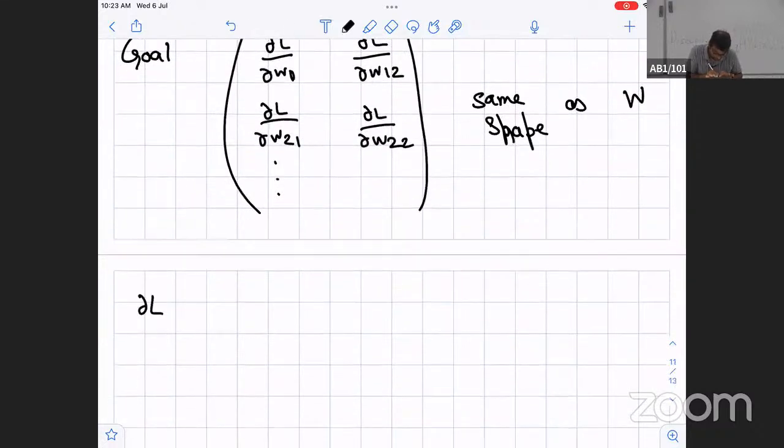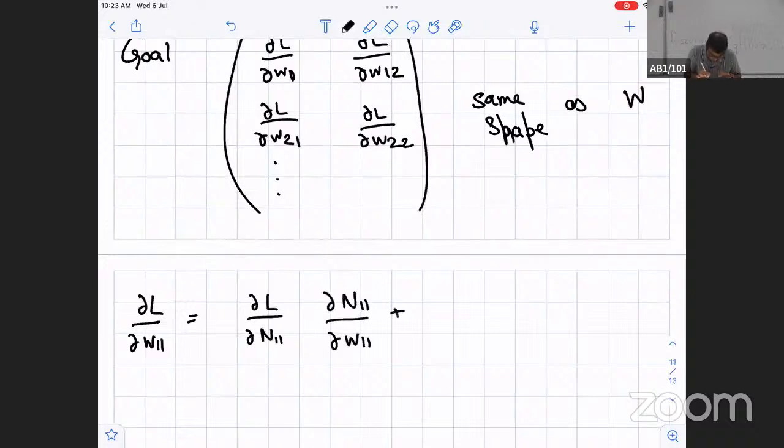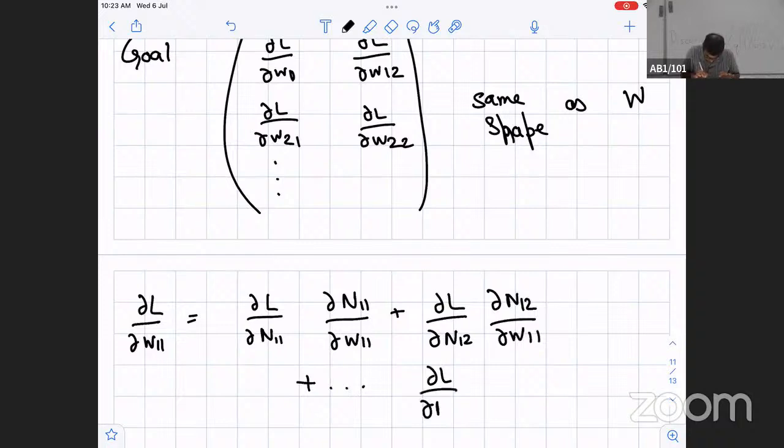So dL by dW11 will be dL by dN11 times dN11 by dW11. Does everybody understand this? Is this clear?